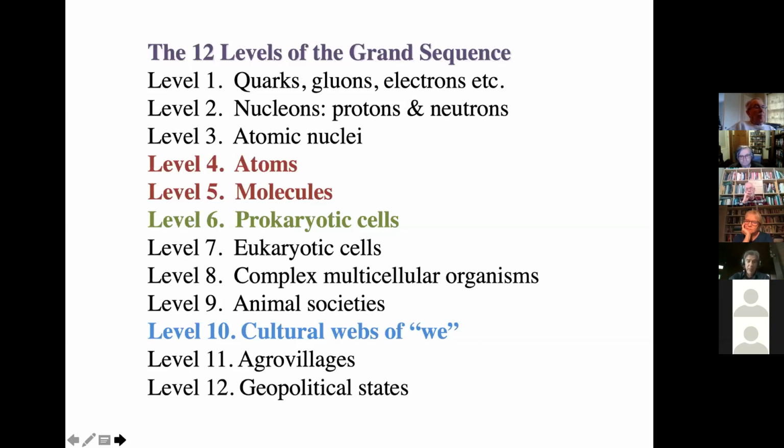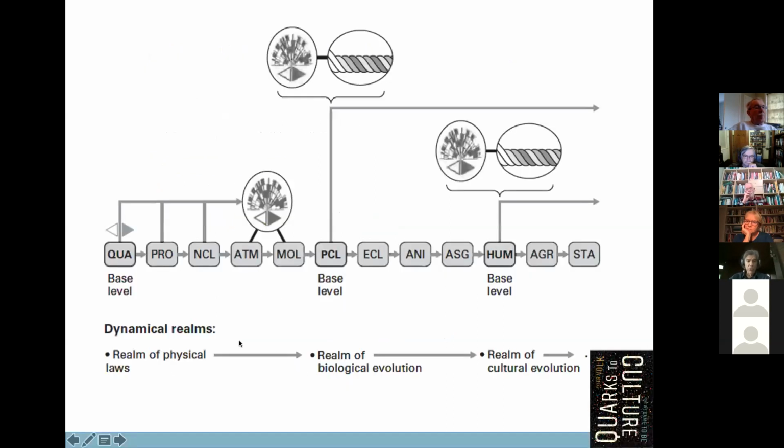And let me just step you through this. The summary diagram here is that this alpha kit, this is from Quarks to Culture, is the standard model of the quanta things, atoms and molecules, prokaryotic cells, eukaryotic cells, animals, multicellular organisms, animal social groups, the human level, agriculture, and the state.